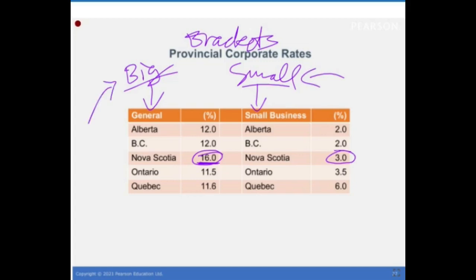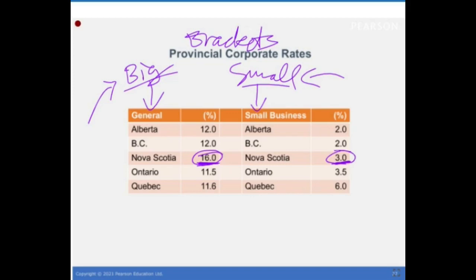We're going to get in tonight into the complexities of how that works. So it's sort of like two tax brackets. Nova Scotia, 16% for the big, 3% for the little. And if you compare that to other provinces, like look at Quebec, Ontario, BC, Alberta, we're paying significantly more on a percentage basis.